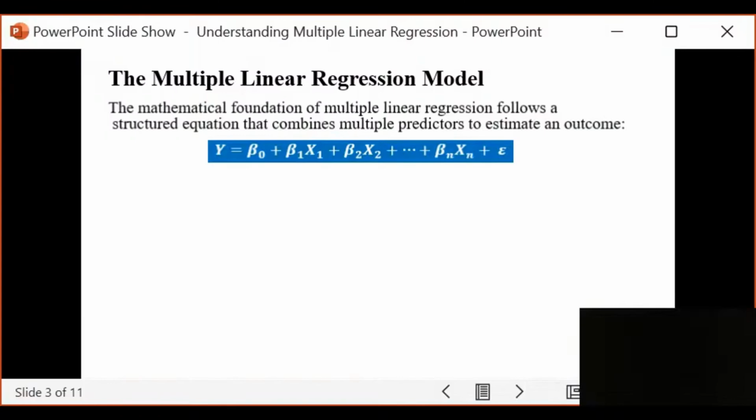So we start with the variable y. This variable y represents our dependent variable. This is the outcome we're trying to predict or explain. For example, if we are studying student performance, y could be the final grade.